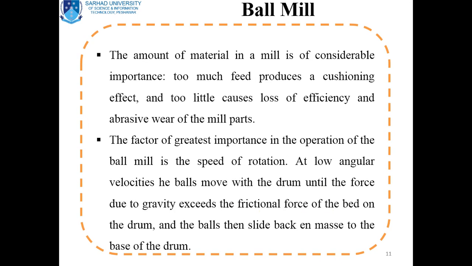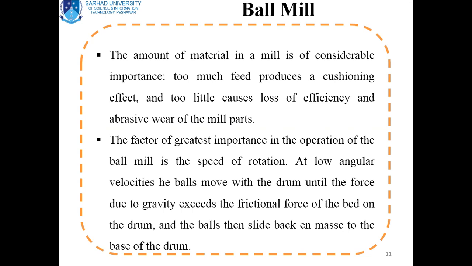The amount of material in a mill is of considerable importance. Too much feed produces a cushioning effect, and too little feed causes loss of efficiency and abrasive wear of the mill parts. These are the drawbacks, showing the considerable importance of the material amount. What will be the effect of too much feed?